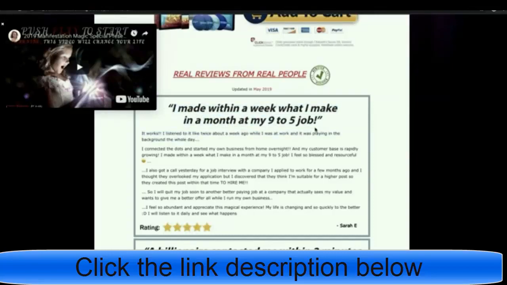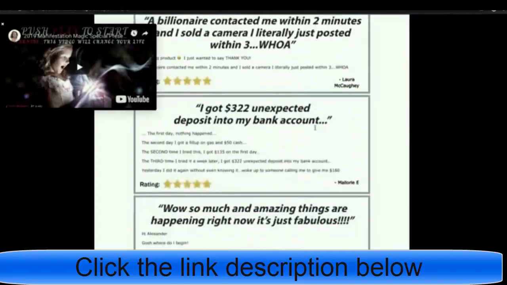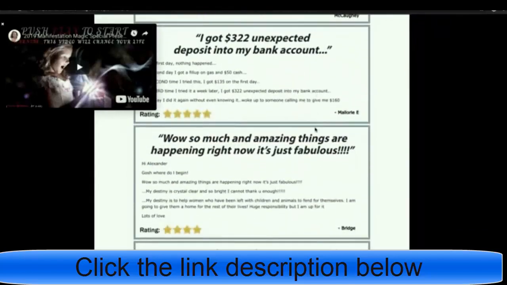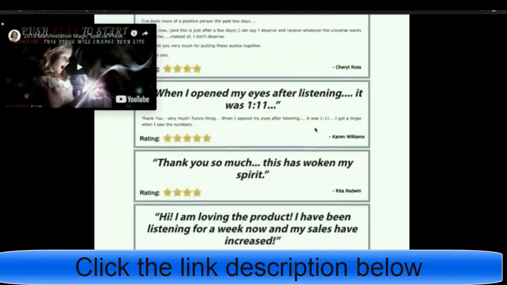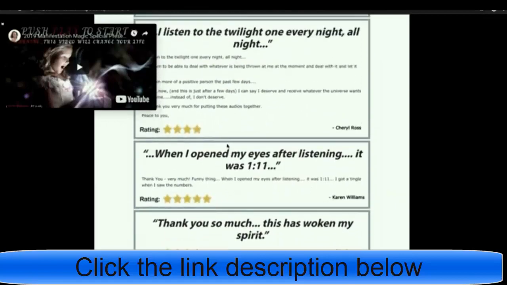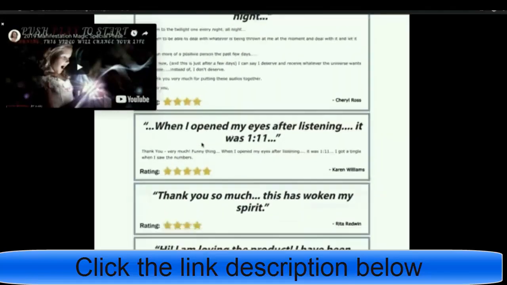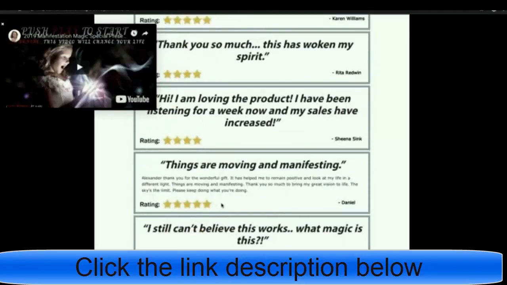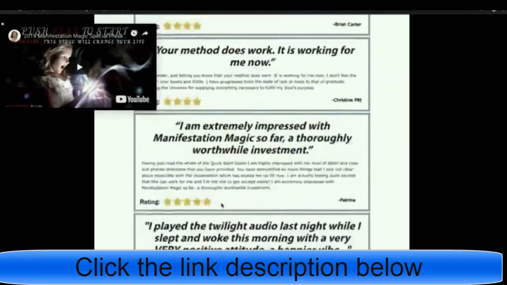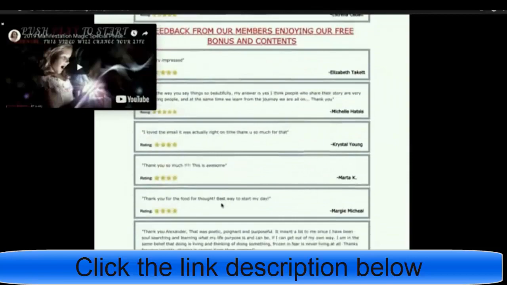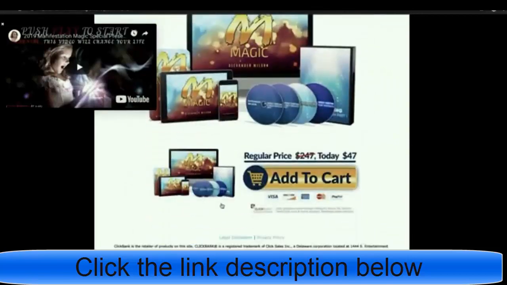The people that actually gave a review for this product gave 5 stars. As you can see, sometimes they gave 4 stars, but usually they gave 5 stars. So they have a lot of reviews for this product, and that is something that I really like.